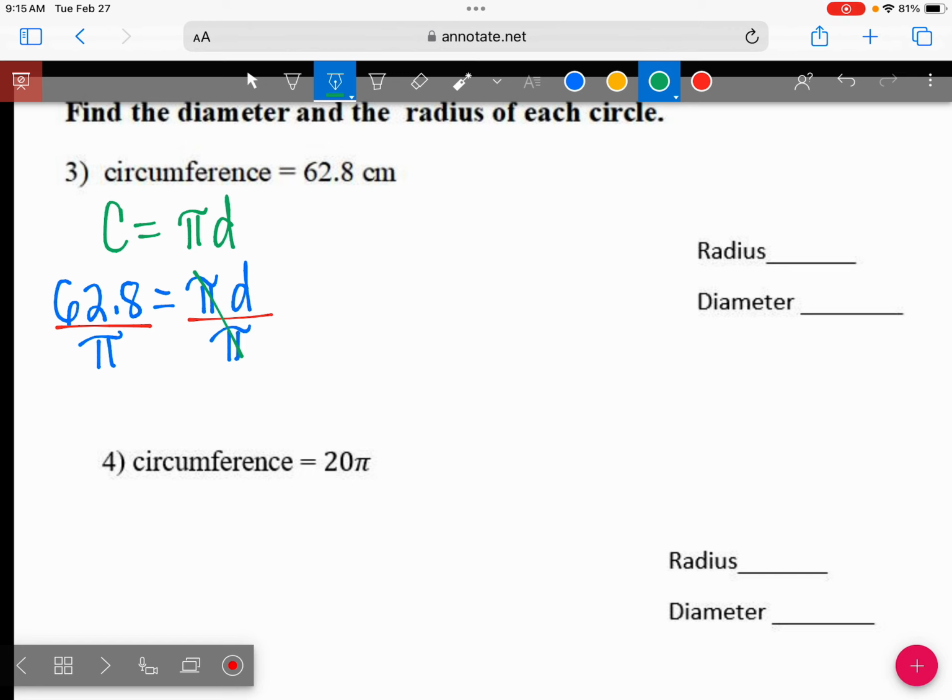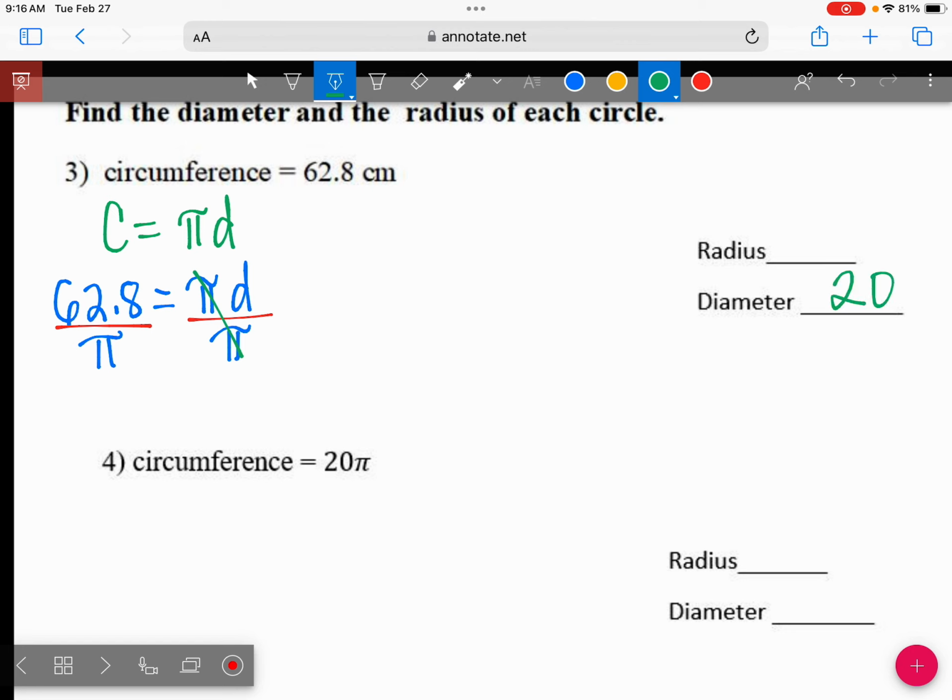That's going to give us the diameter. So take 62.8 divided by pi, hit enter. Yeah, we're going to round it to 20, because it's 19.98 and 19.98 rounds to 20. So my diameter is 20.